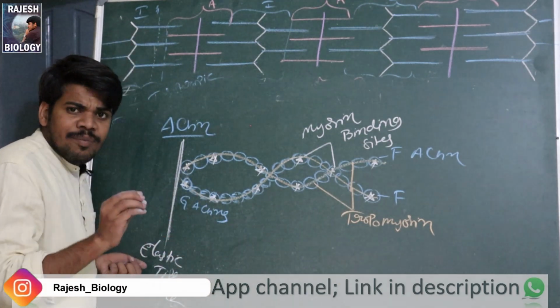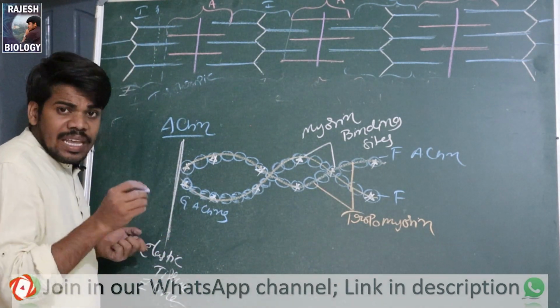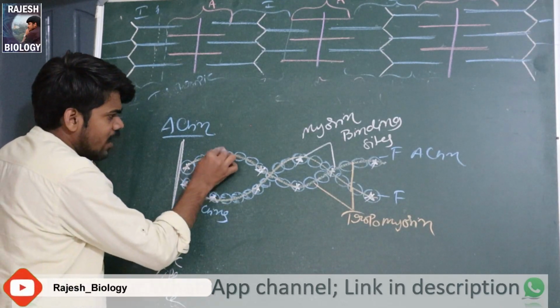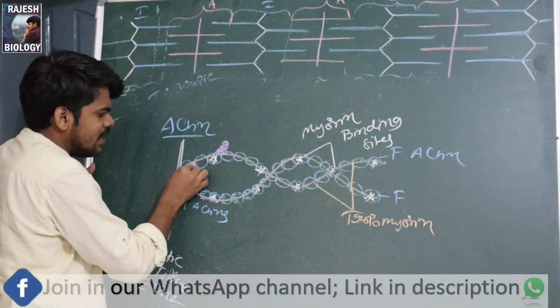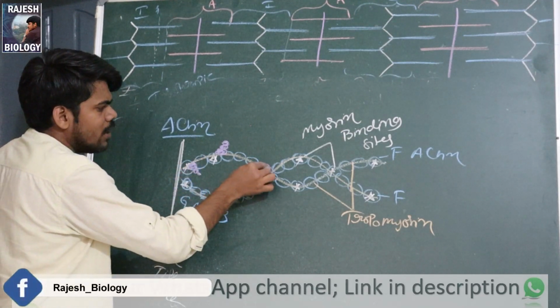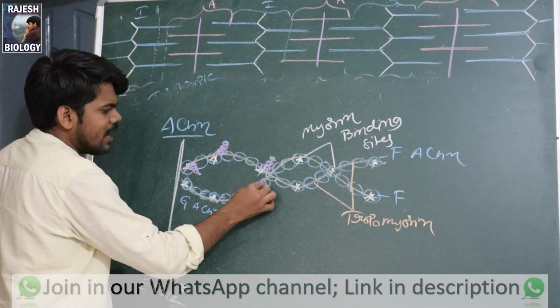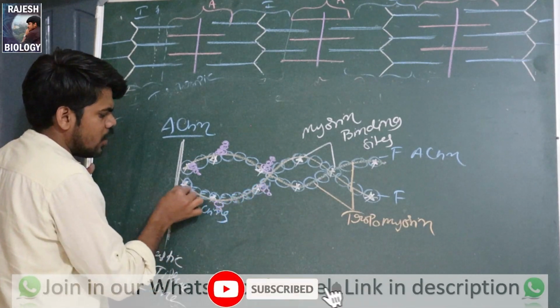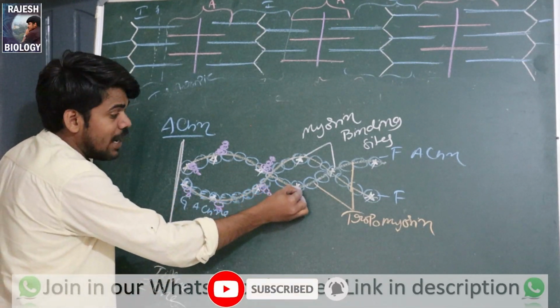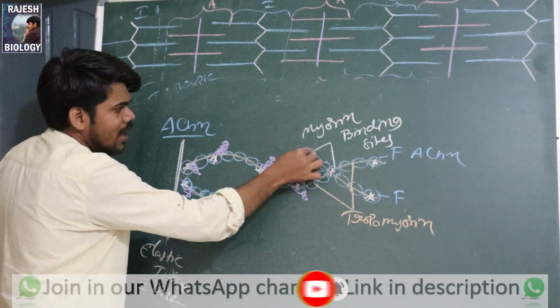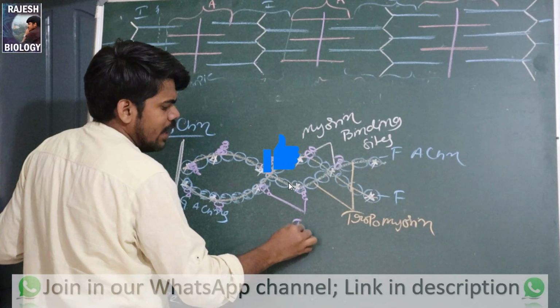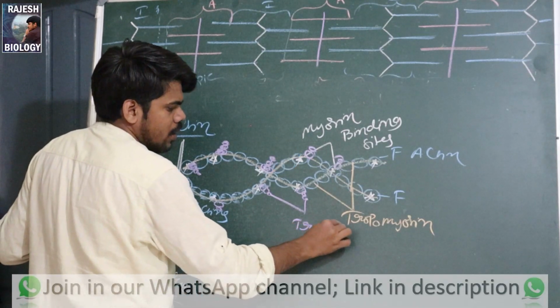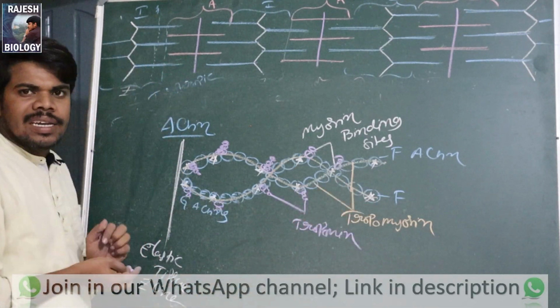Where there are myosin binding sites, there is another regulatory protein. This is called troponin. It is also present at regular intervals. So this is the actin structure.